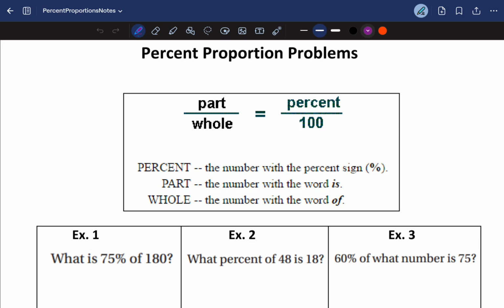You did a little bit of this last year, so this is nothing too terribly new to you, but it is important to go over. Now, usually I get a question asking, when am I going to use this in real life? This is something that you will use in your life, especially when you're older. Budgeting is one of those things.